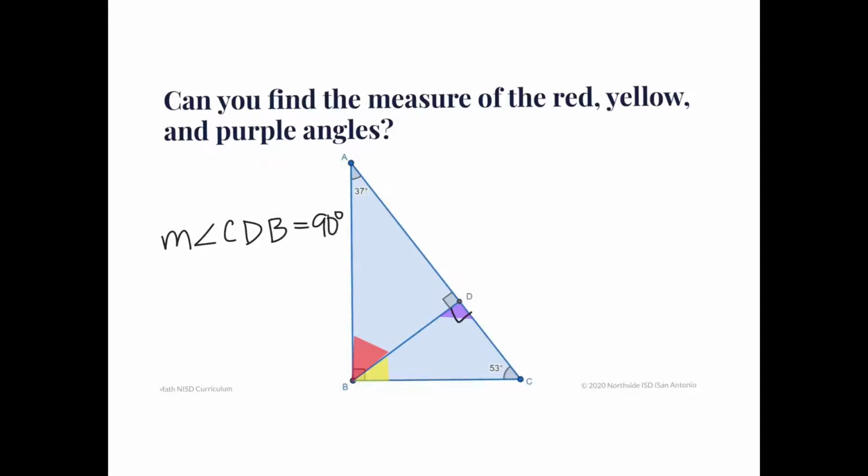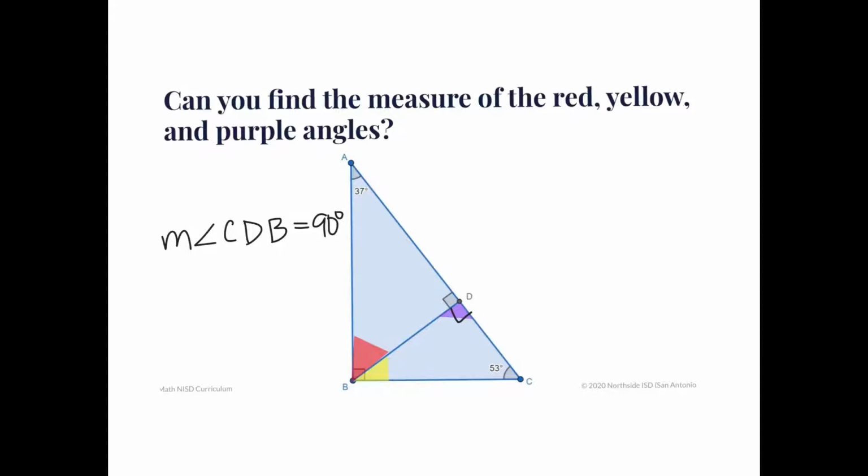And remember that we're using 3 letters to name that angle because we want to make sure that we're looking at the correct spot. So, for example, when I say the measure of angle CDB, I'm starting with the letter C. I'm starting here. I say C, D, B. So that's highlighting this angle, okay?